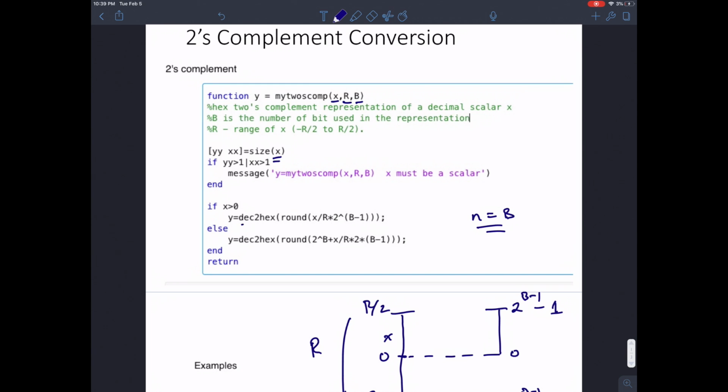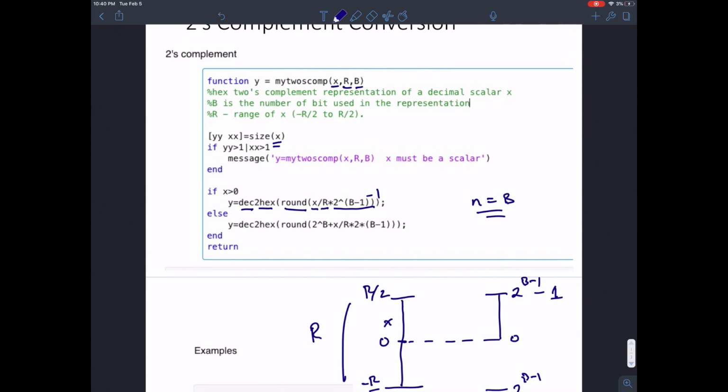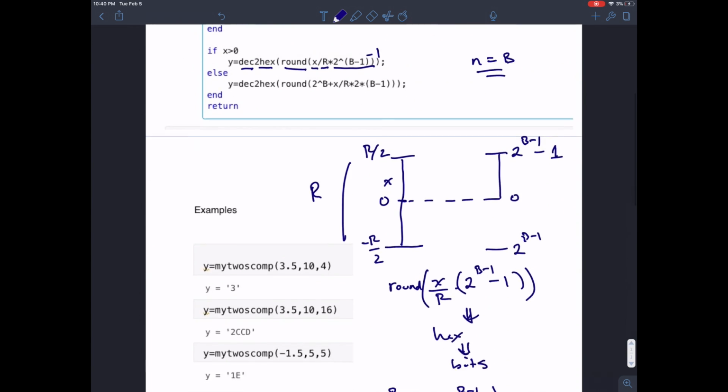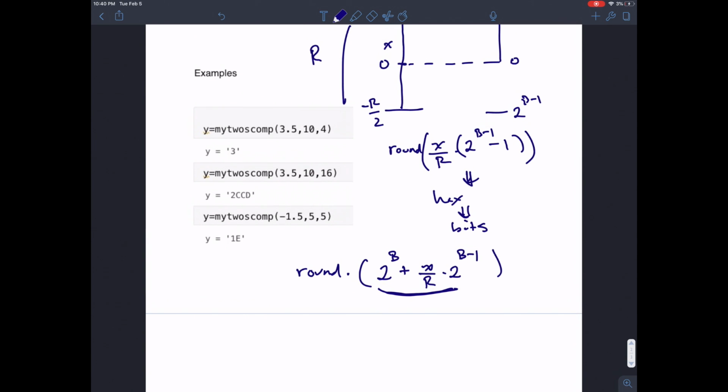You take the decimal to hex conversion, rounding x scaled by r, and then multiplied by 2 to the b minus 1. I actually forgot the minus 1 in this code snippet. I went back and put that into the actual code so it runs correctly. If you look at my MATLAB, you can see some examples of this code running.